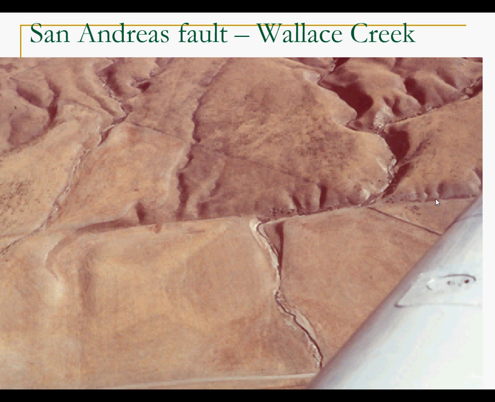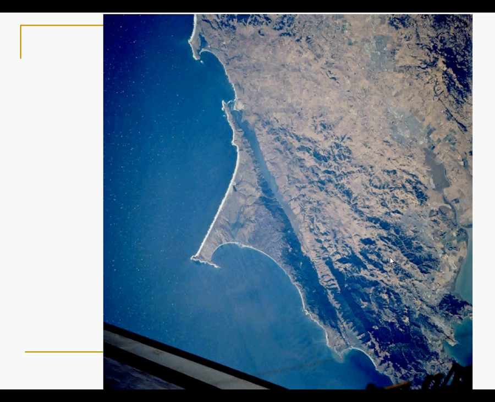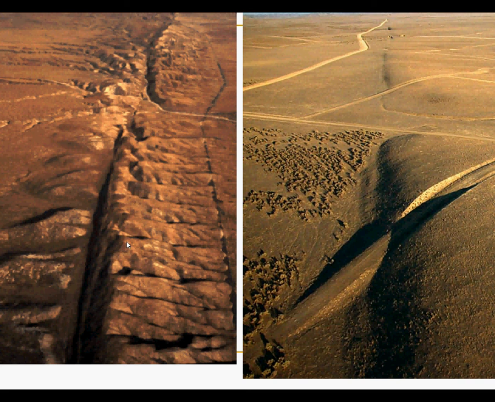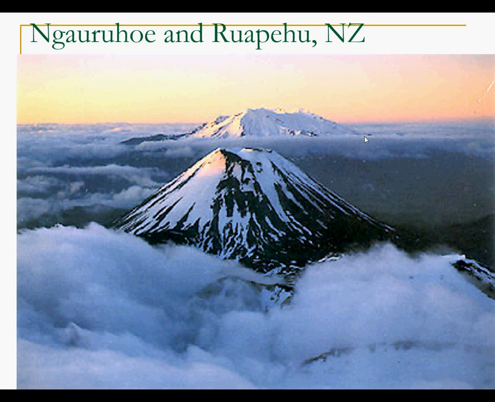San Andreas fault. You can see it right there. Good example right there, same thing. San Andreas fault. That's San Andreas right there. Here it is too, straight up and down. Here in New Zealand, these volcanic mountains.